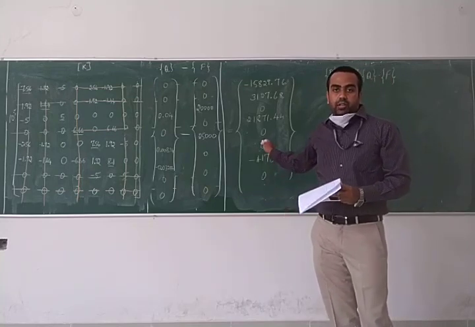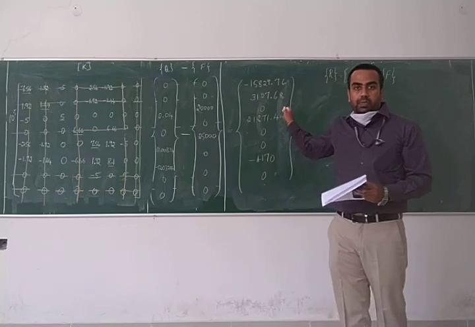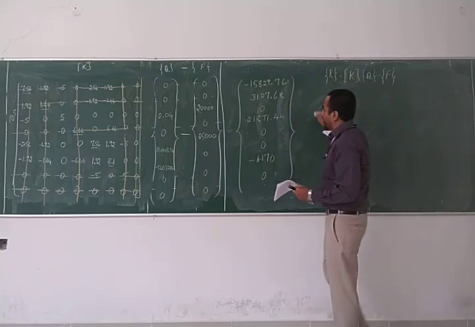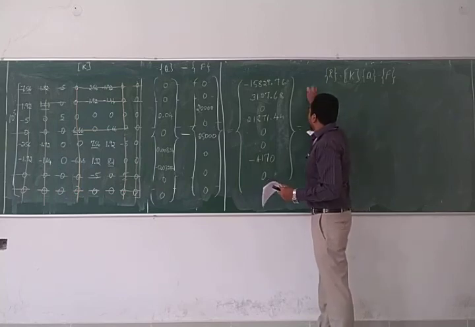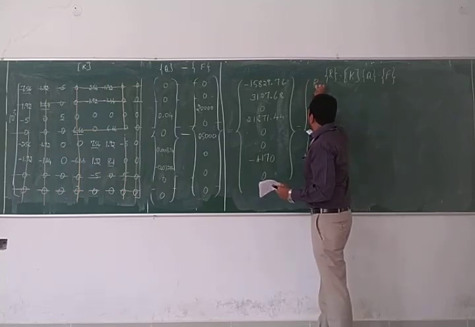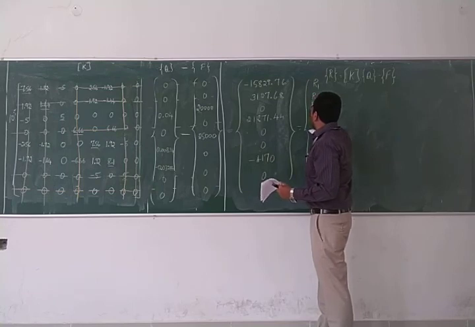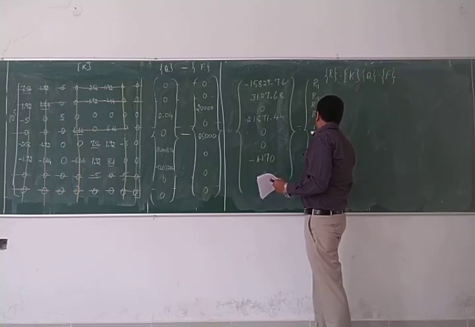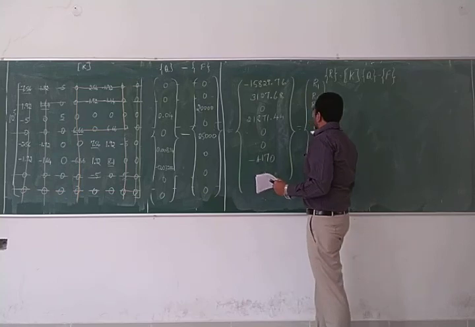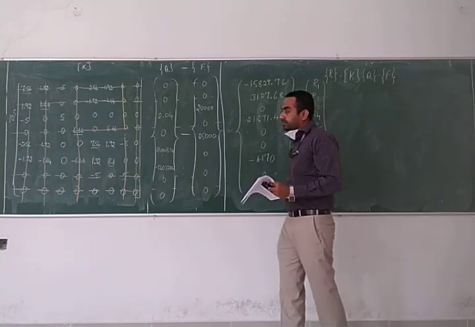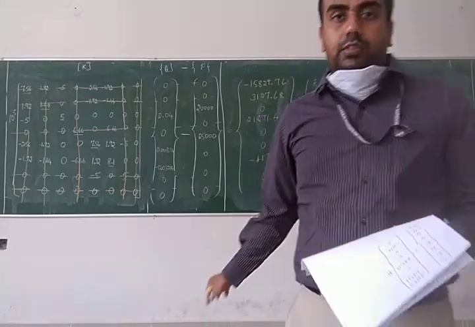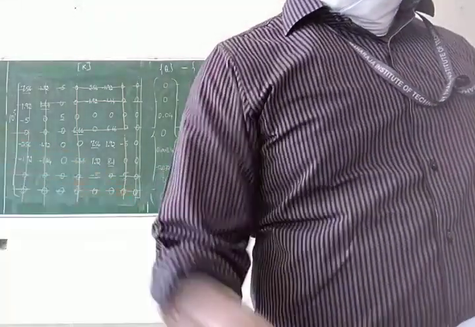In the very first problem I explained how to do the matrix multiplication to obtain the reaction force values. So make sure that you go through that particular video if you have not understood. These are the values of R1, R2, R3, R4, R5, R6, R7 and R8, in terms of Newton. So this completes the solution for analysis of trusses, the very first problem that we have taken.